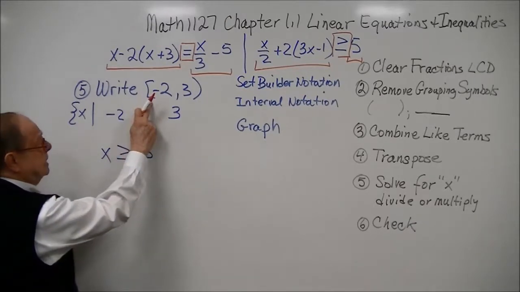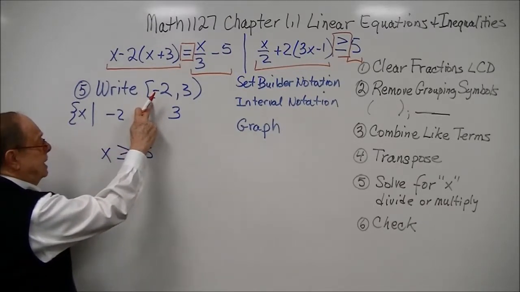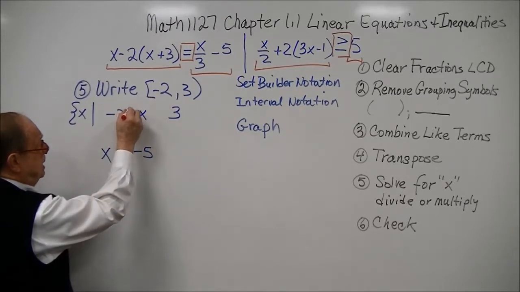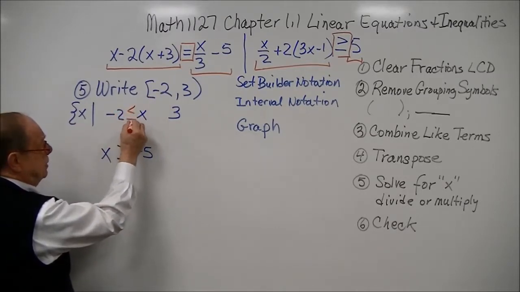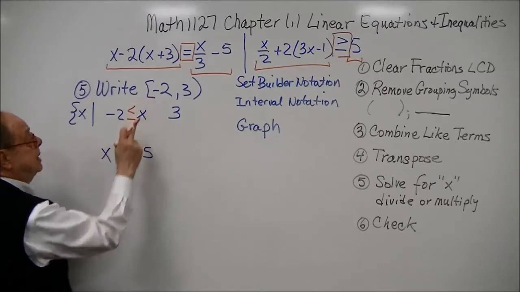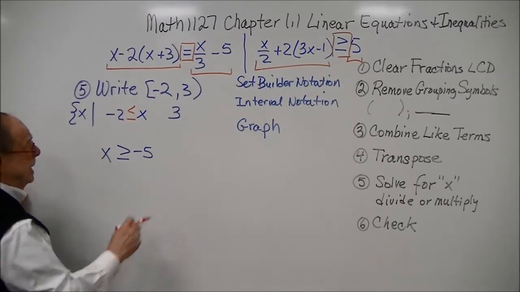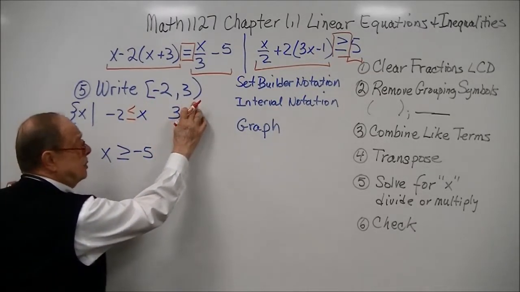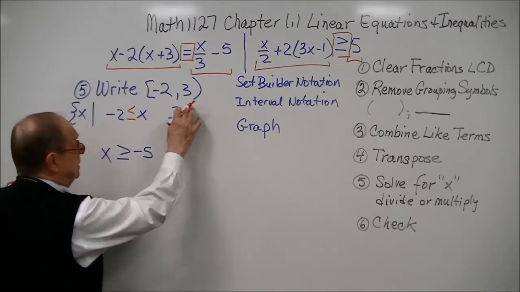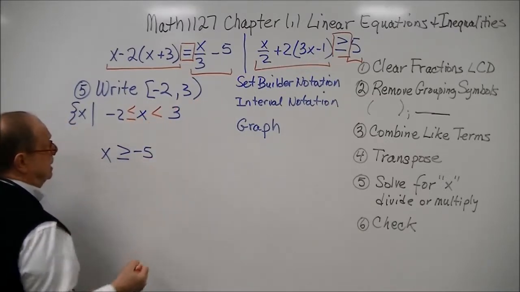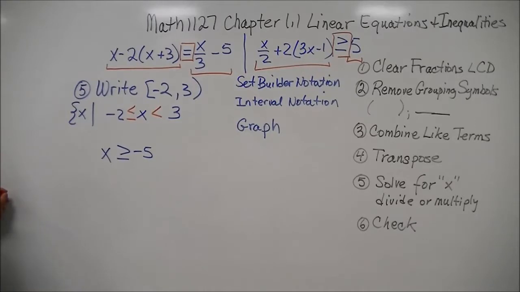And what does this say when it's a bracket? Well, this is going to be less than or equal to because of the bracket. And because this has a parenthesis, this is only going to be less than.